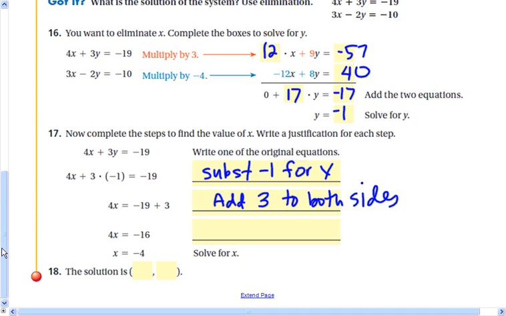Then they are just simplifying. Negative 19 plus 3 is negative 16. Then they are dividing both sides by 4 to solve for x. So the solution is negative 4, negative 1.